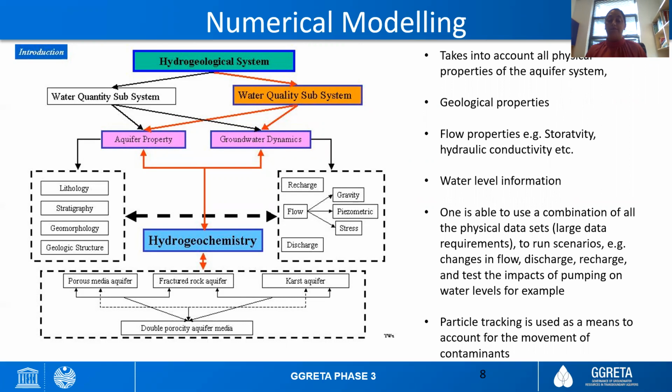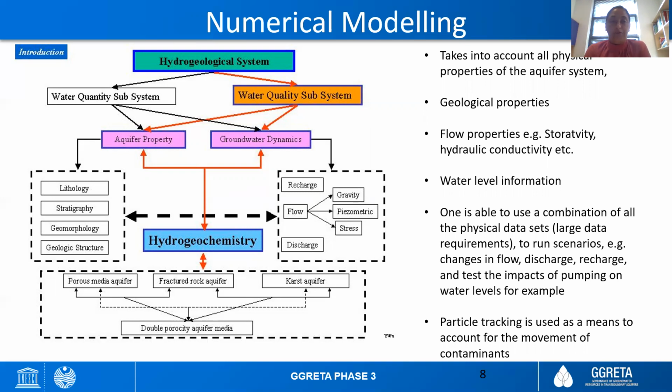It can have quite large data requirements, but you are able to run scenarios, example, change in flow, discharge or recharge, and also the impacts of pumping on your water level, for example, or your sustainability of your aquifer system.